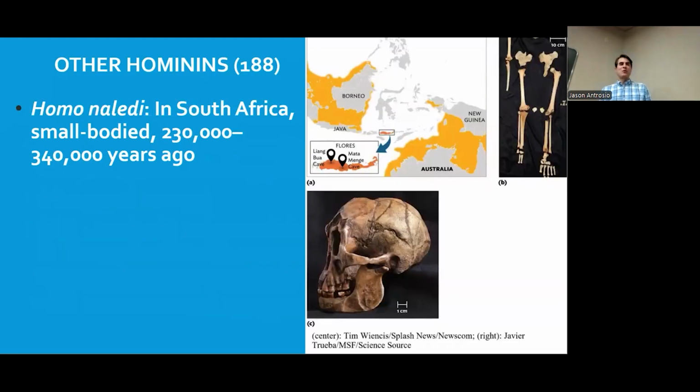I want to talk about a few populations that also existed and are part of the Homo species, but there is no evidence that there is interbreeding or genetic signature from some of these groups. They're just cool. So you may have seen these folks on TV. Homo naledi, which is a small-bodied and relatively small-brained Homo variety that seems to have lived in the southern African region from about 200 to 340,000 years ago.